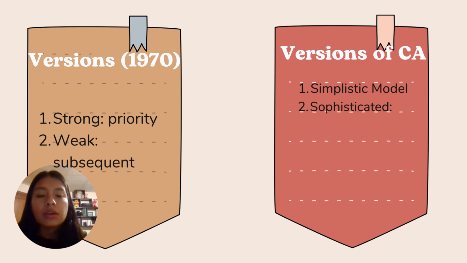The model of versions of CA is the simplistic model, where the linguistic differences are simple, or similarities and differences only, used to predict learning difficulties. And another is the sophisticated model, based on a hierarchy of difference.